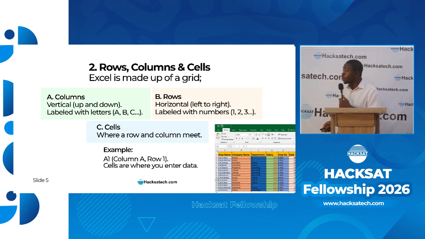Then B, we have rows, horizontal, left and right. They are labeled with numbers, so that's where it counts numbers. When you create a column with serial numbers, you can use rows to number it. C is cells, where a row and column meet. For example A1, column A, row 1.